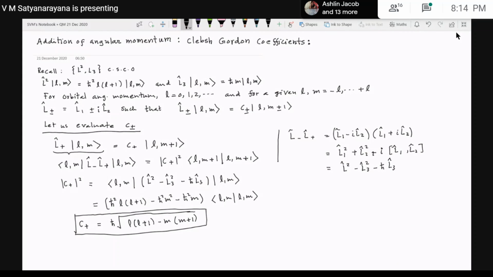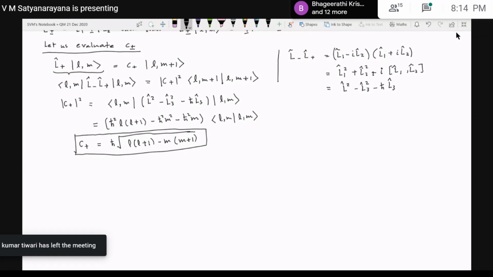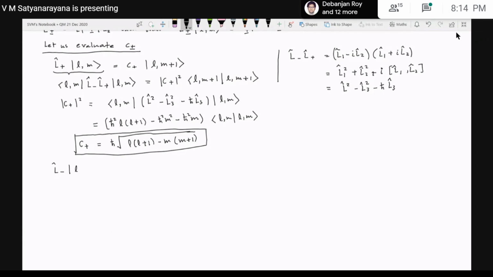Now let's say you are interested in asking what happens for L minus. So you ask what is L minus acting on |L, M⟩, equal to C minus |L, M minus 1⟩. I will write this directly.